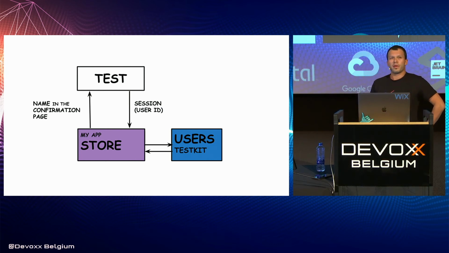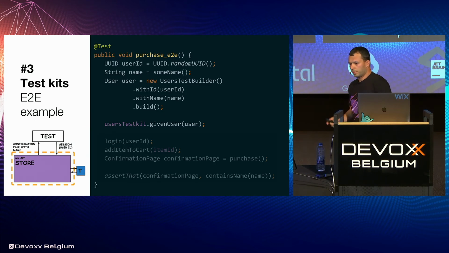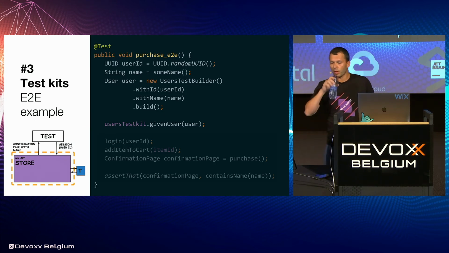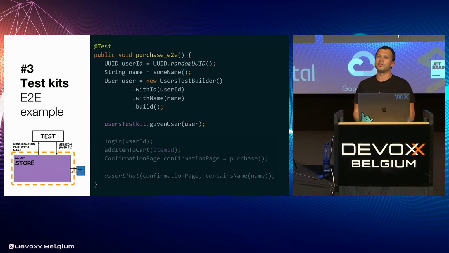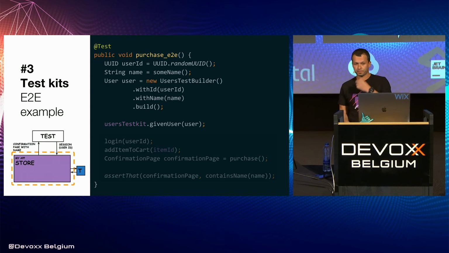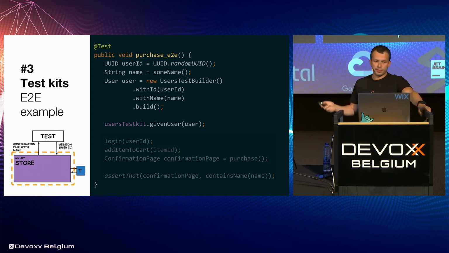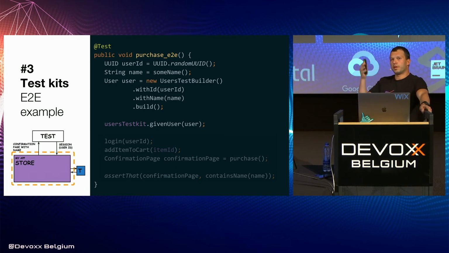So how will the end-to-end test look? This test kit also gives you an opportunity to communicate better how your service works. So you can provide builders to set up the expectations. In this example, we have a user test builder, and you can set the user with an ID and with a name and with any other field that you want.